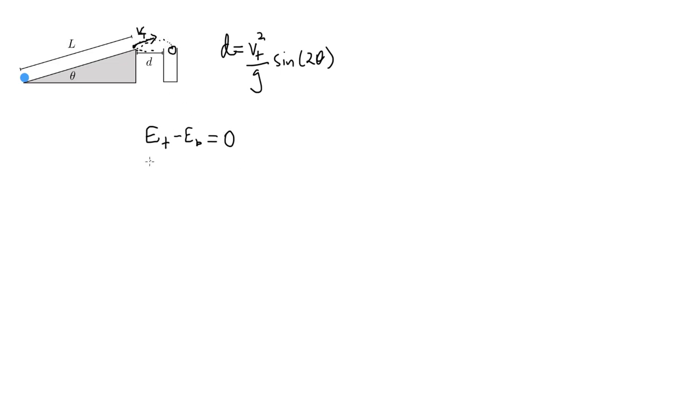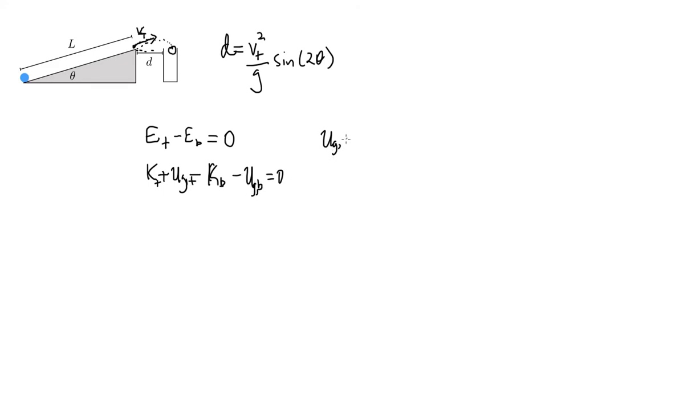At the top, I have the kinetic energy of the ball, I'll call it K top, plus the potential energy due to gravity. And at the bottom, I have the kinetic energy of the ball at the bottom plus the potential energy at the bottom, and that's 0. Now for this case, we're going to have UG top and UG bottom.